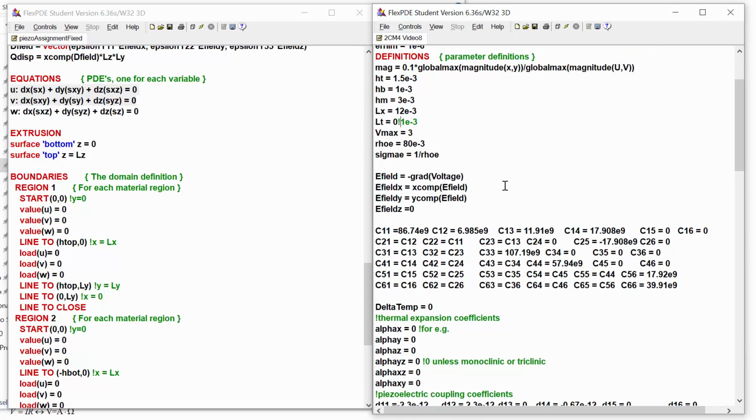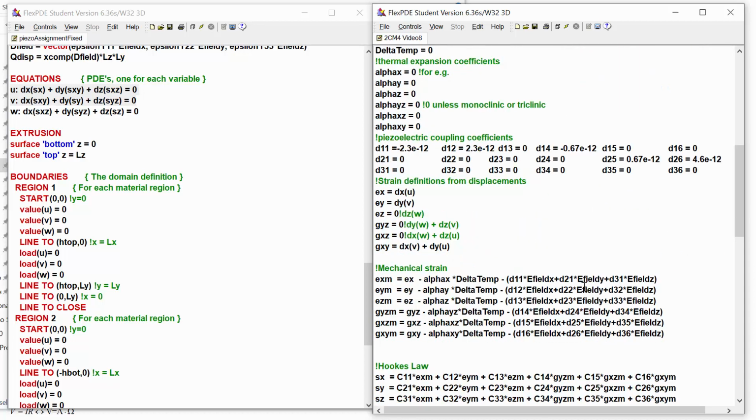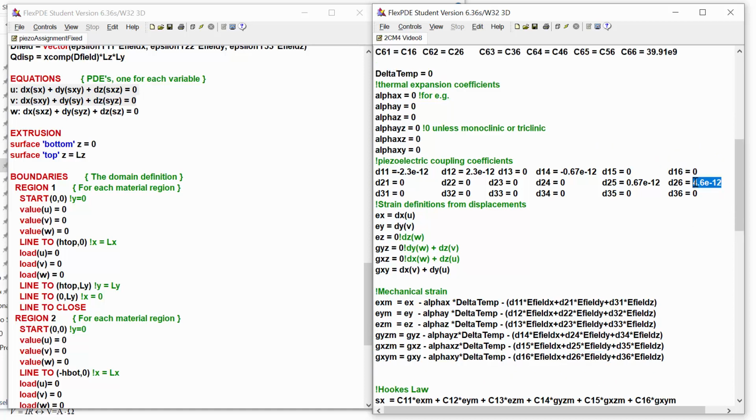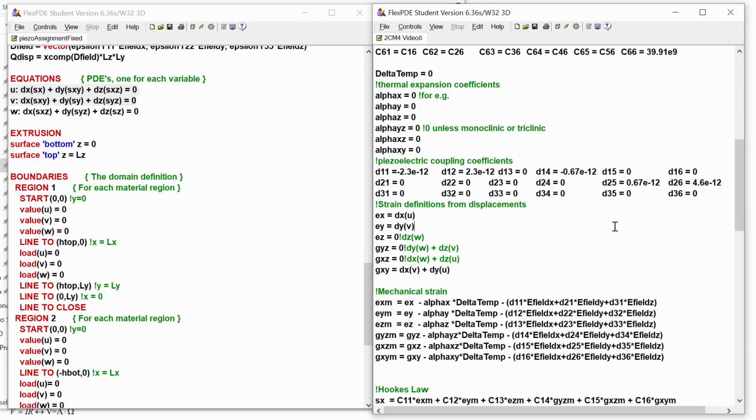So let's check. The component of D that translates y electric field to XY shear strains is D26. You can see that from this multiplication right there, XY shear strain, and D26 is the one that does it. And that component is positive, so that makes sense why the negative field would be giving us a negative strain.